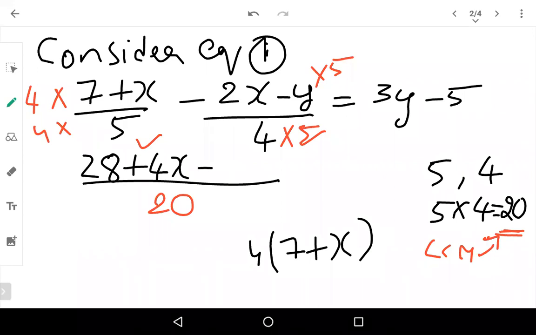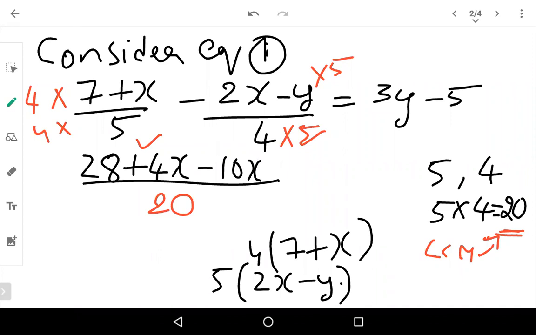Now here I am supposed to multiply 5. 5 into 2x minus y. So 5 twos are 10, so 10x, minus y, so minus 5y. Understood?